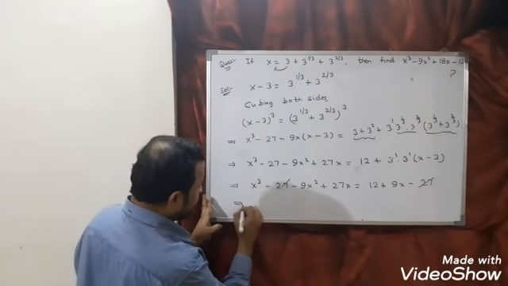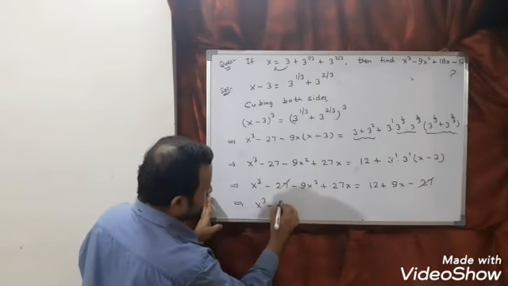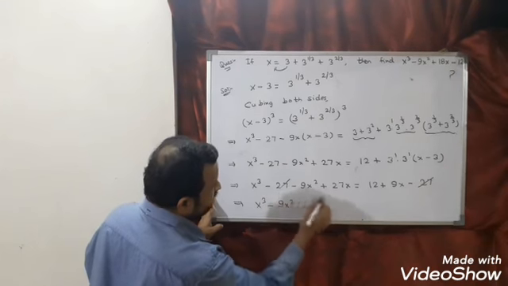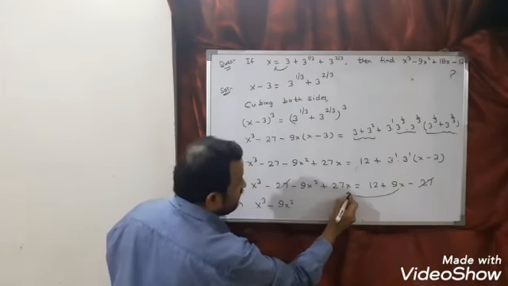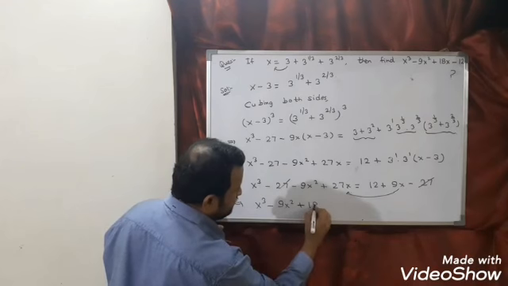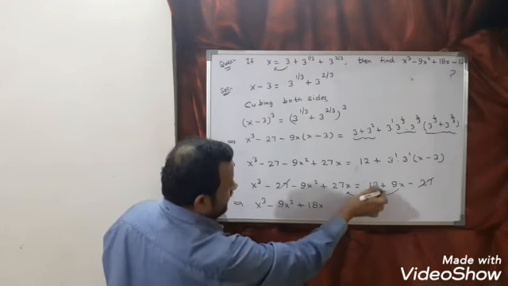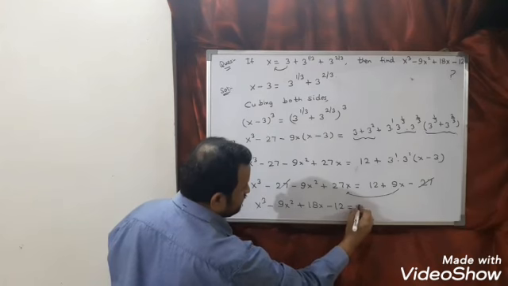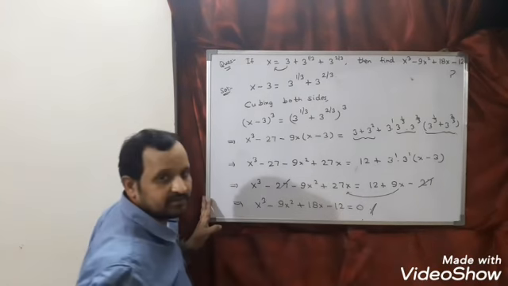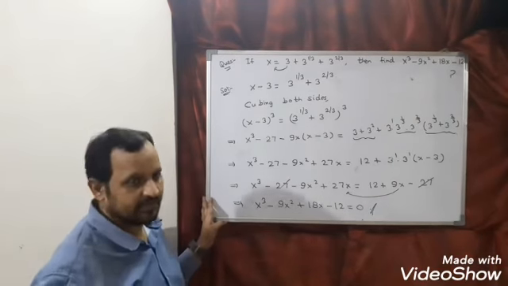So finally I can say x cube will come minus 9x square will come, 27x minus 9x, how much? You will get 18x, right? And 12 will come this side. So this is minus 12 is equal to 0. So this is the required solution.